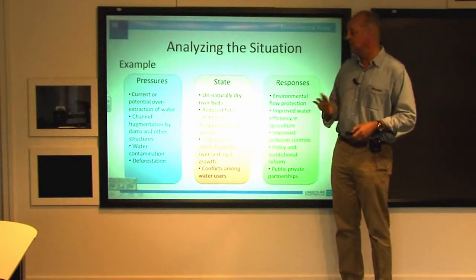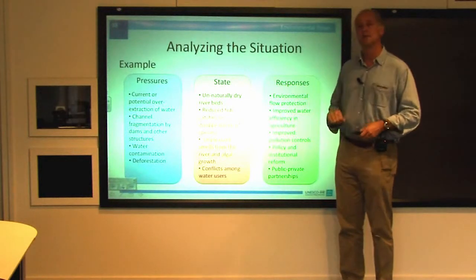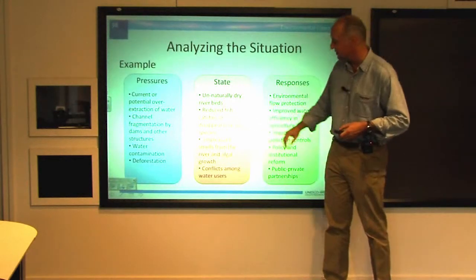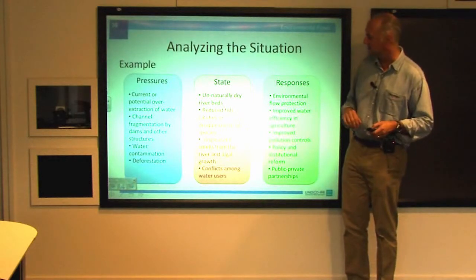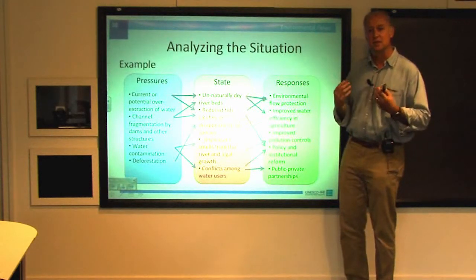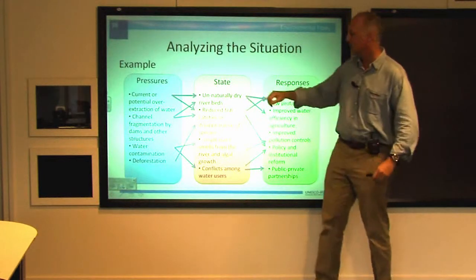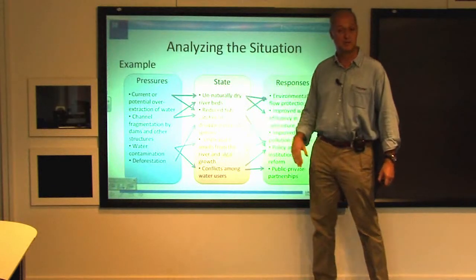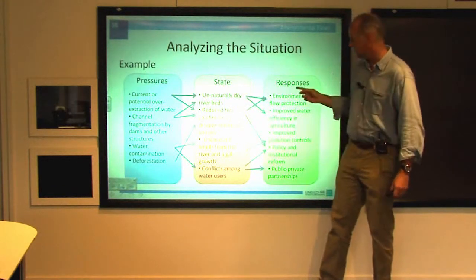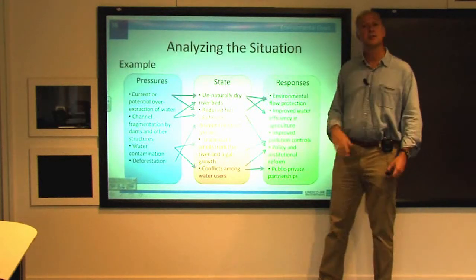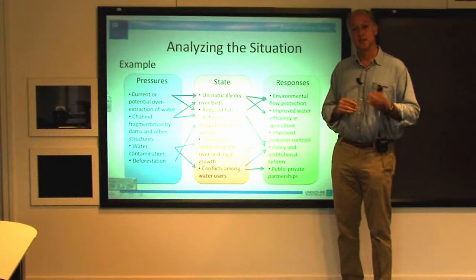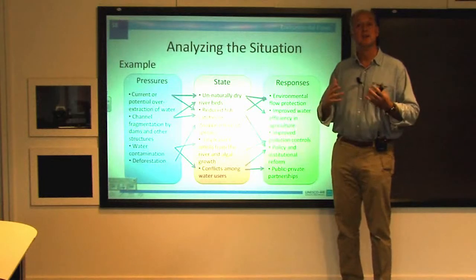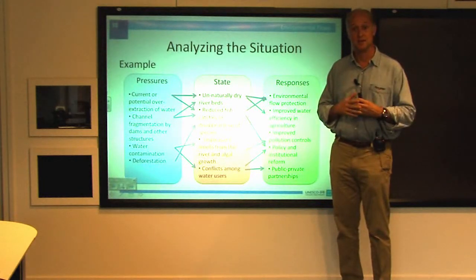So, very quickly, a simple three-component framework or model can become rather complex. It's represented in a very simple fashion with the arrows connecting the boxes here, but the reality is, of course, more likely to be one of which individual pressures are influencing multiple conditions in the basin, and of course our responses may also address multiple conditions simultaneously, but rarely will a single response address a majority of the problems.